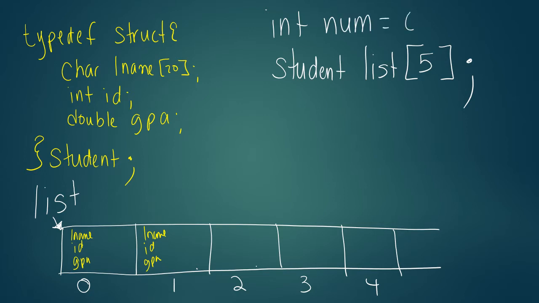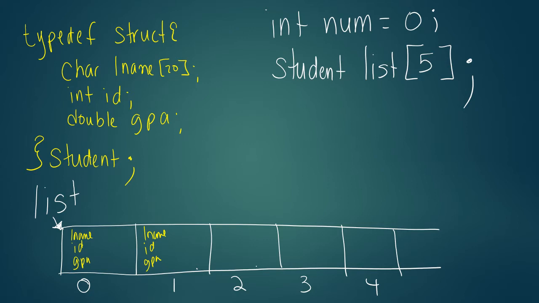And when I start out, I don't have any students in my list. I could decide to ask the user to tell me how many they want to put in my list, or I could just add one into my list. So let's just start with the straightforward way, and we'll add one into the list.